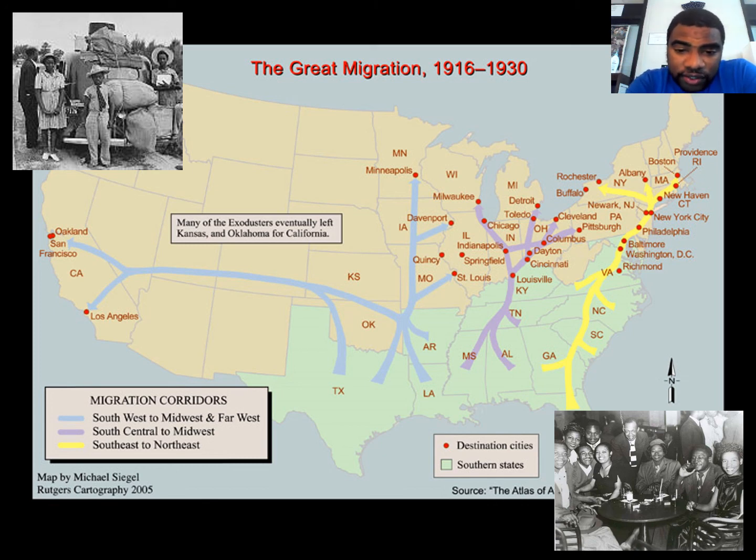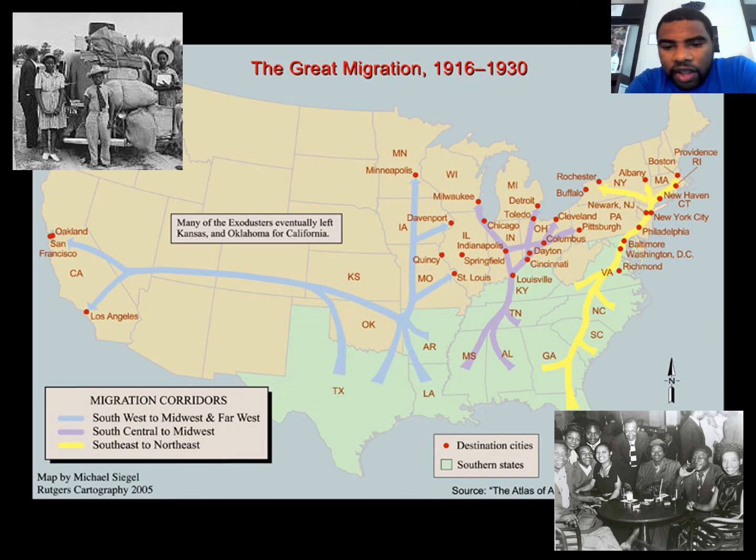Also, you look at Louisiana, Arkansas, and Texas, a lot of people went from those areas to California, Oakland, and Los Angeles, and then they also went, as you can see, to Minneapolis, Minnesota, Iowa, Davenport, Iowa, St. Louis.